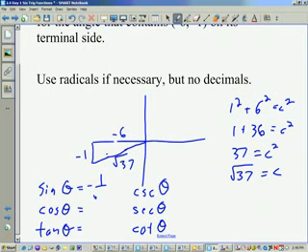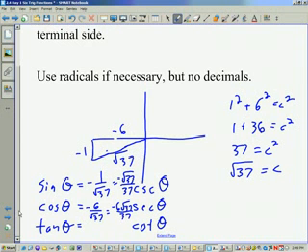Sine is -1 over root 37, which can rationalize to negative root 37 over 37. Cosine is -6 over root 37, which can rationalize to -6 root 37 over 37. Tangent is opposite over adjacent, so -1 over -6, which is just going to be 1 over 6.